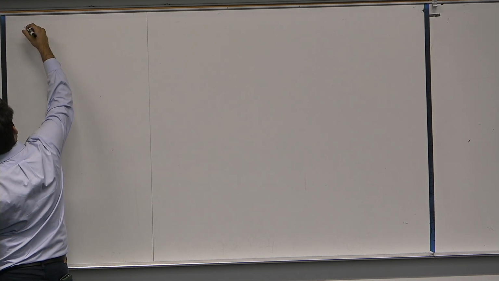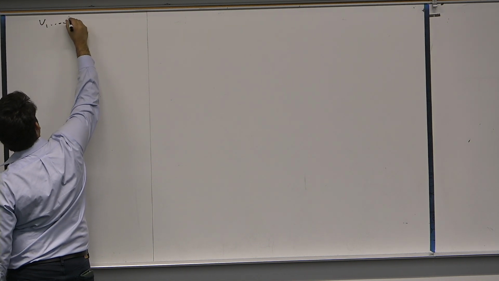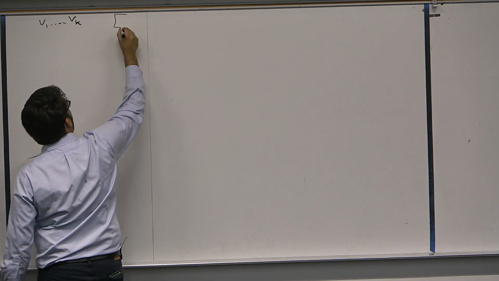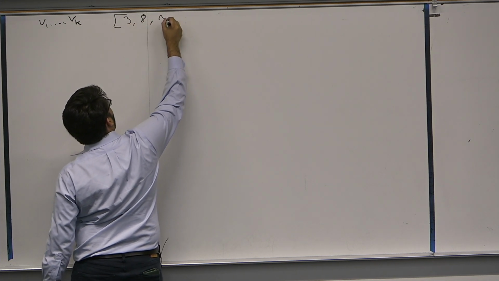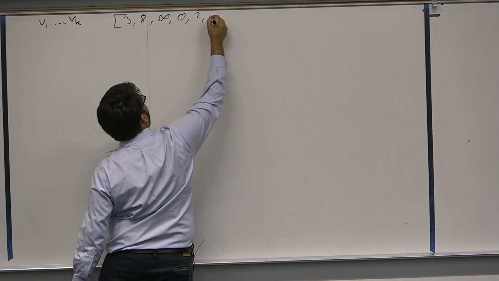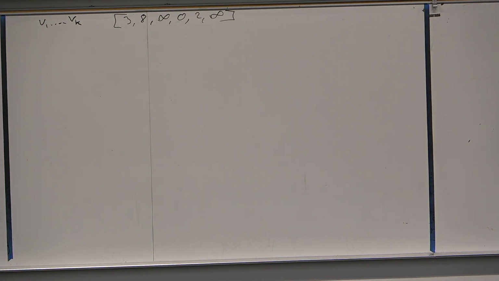If we have an array, let's say we have vertices v1 to vk, what we would do is store the priorities in an unsorted array: 3, 8, infinity, 0 to infinity, something like this. And then as we compute over the array, we cross things out, we update things. So the operations, again, are delete min.